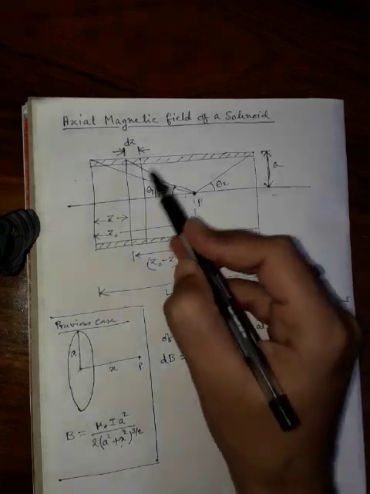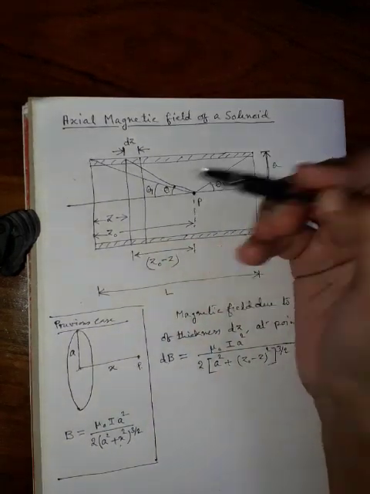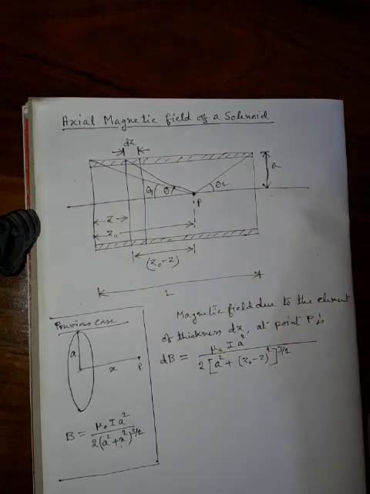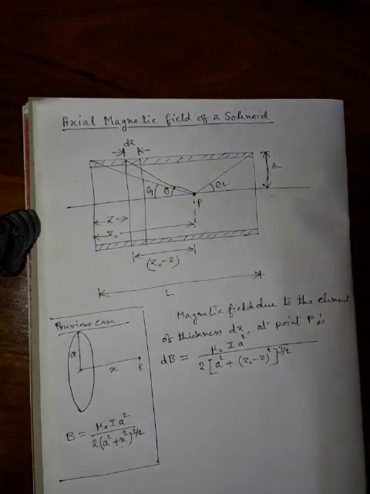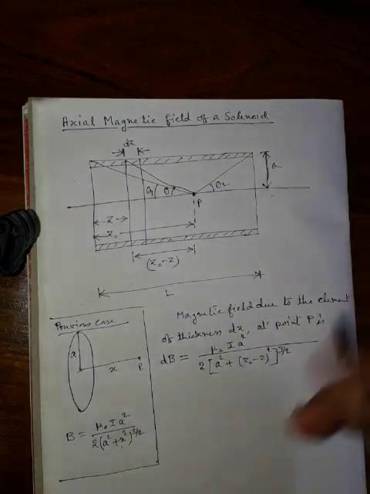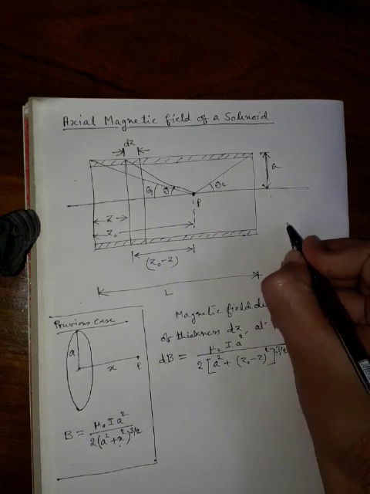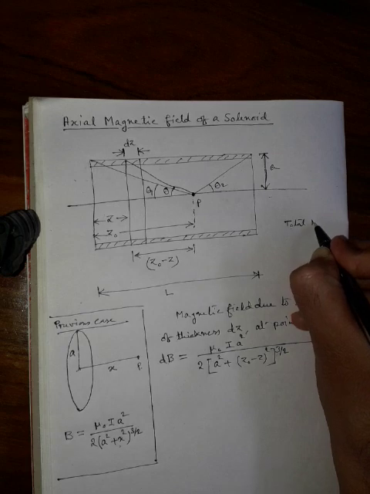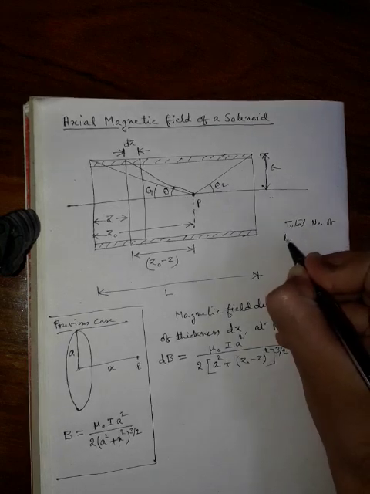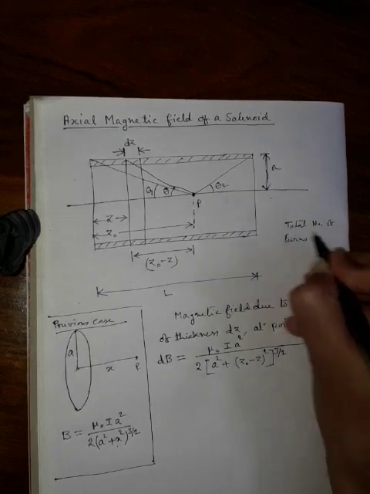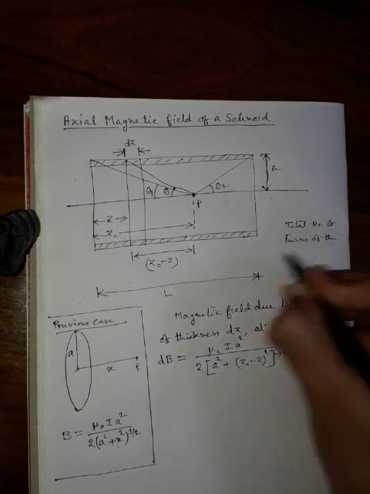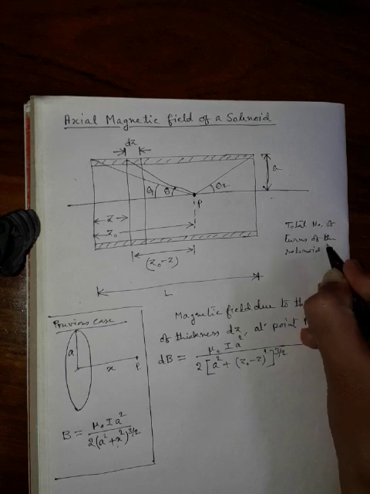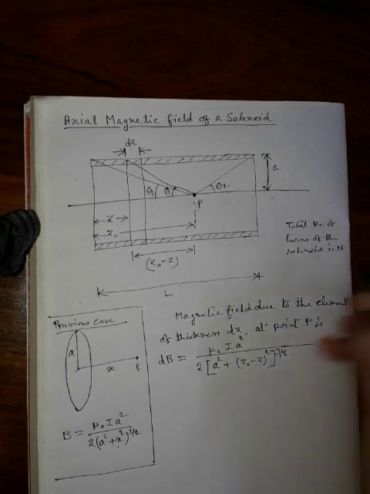Now this is not the case of a single turn. Within this dz element there are several turns. Suppose the total number of turns of the solenoid is n.